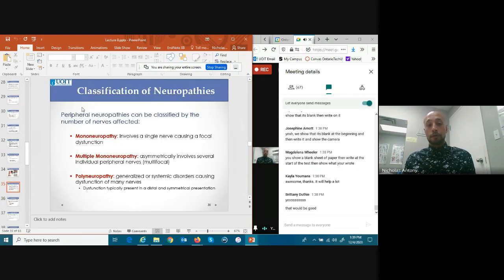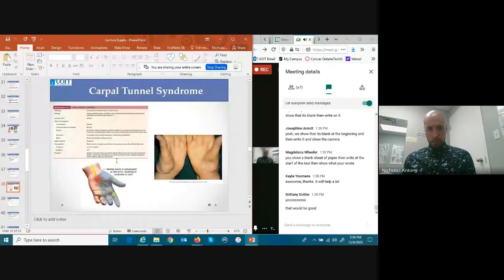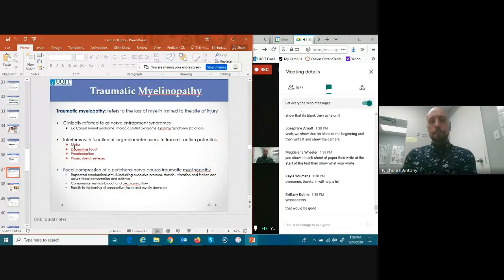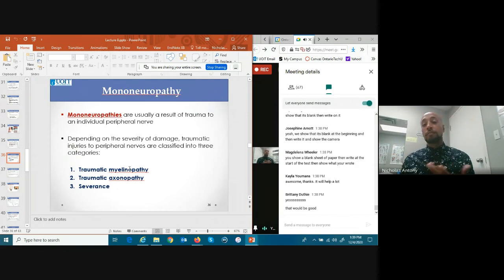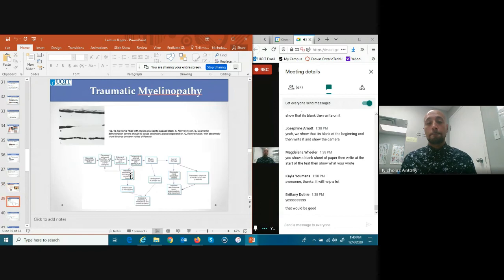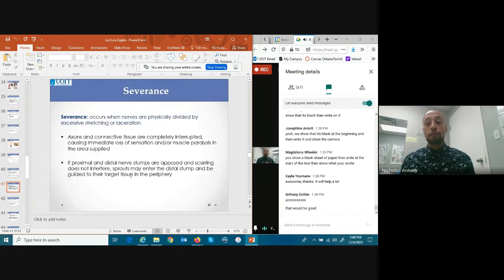So we talked about mononeuropathies versus multiple mononeuropathies and polyneuropathies. And then we talked about the different classifications of mononeuropathies, based on the severity of the injury, which can affect the myelin, the axons, or cut the nerve in half. So go through and understand that.